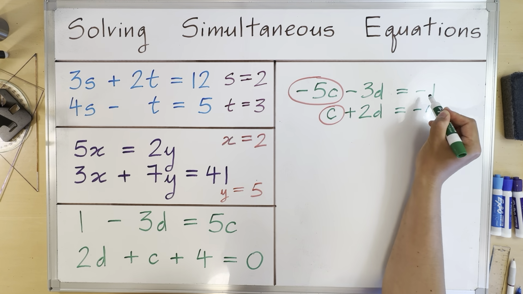Now let us solve and see what the variable letter c is equal to. So let us use the second equation to solve for the unknown variable letter c that we're looking for.